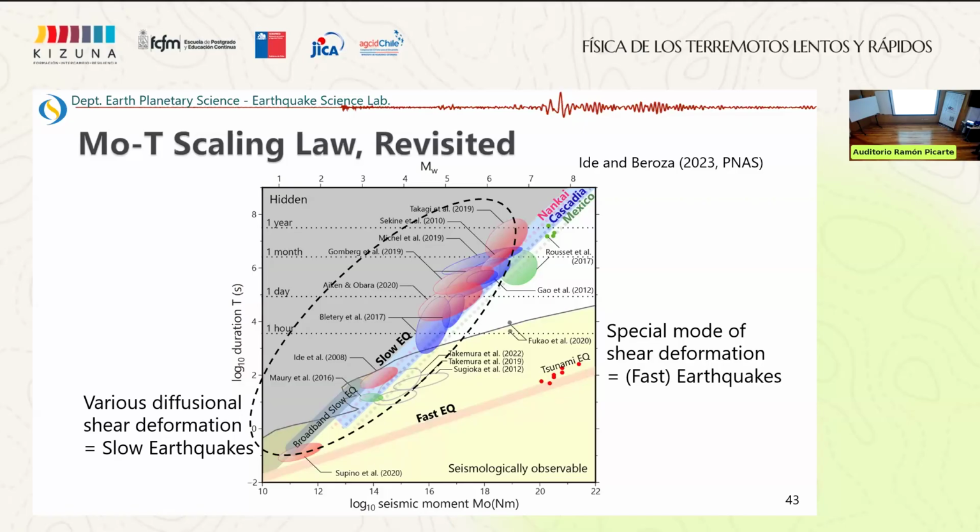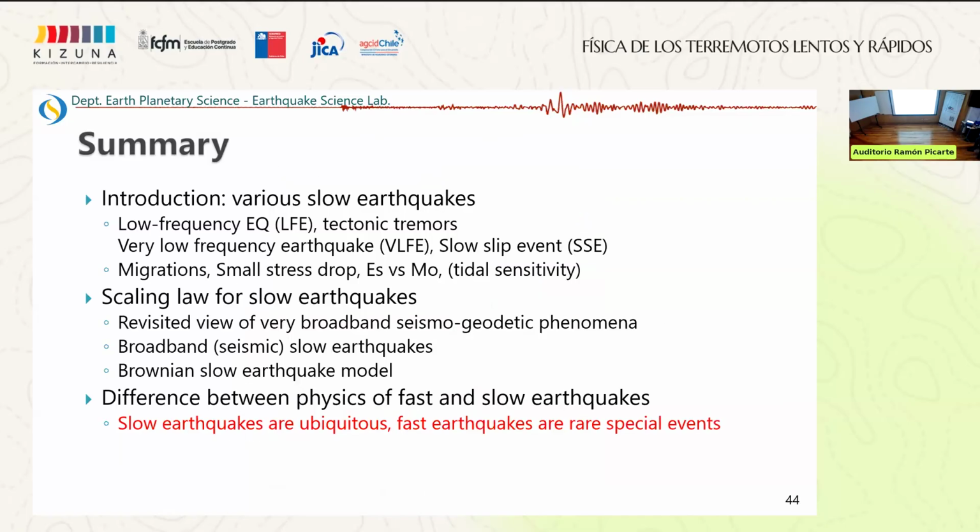So the conclusion is, slow earthquakes are ubiquitous, and fast earthquake is a special, rare thing. This is the summary of today's talk. This is my last word I want to say. That's it. Thank you for listening.